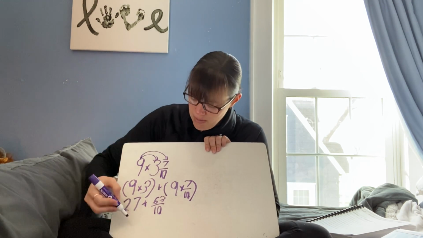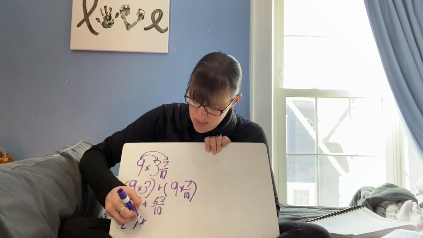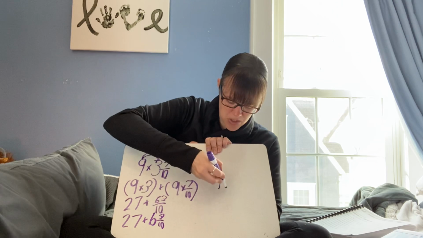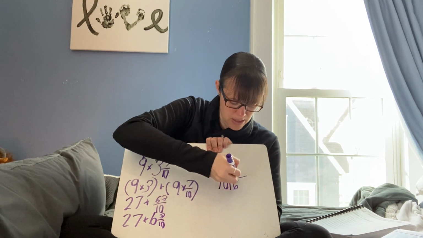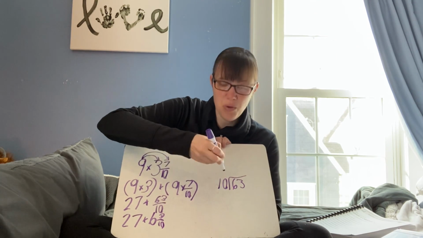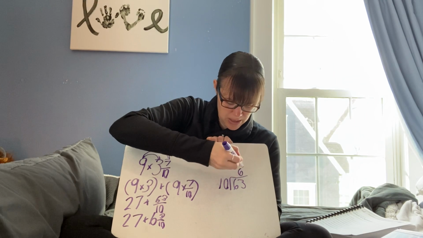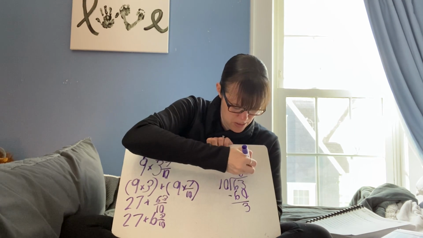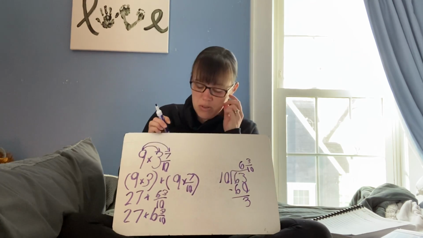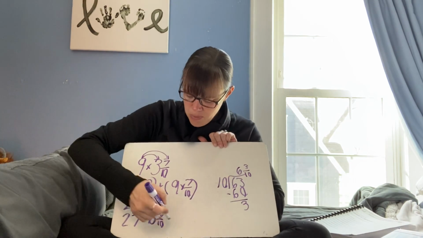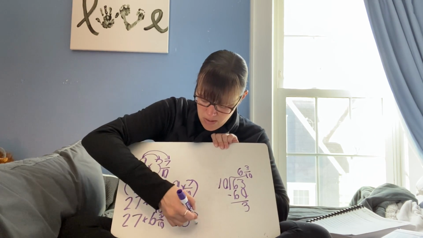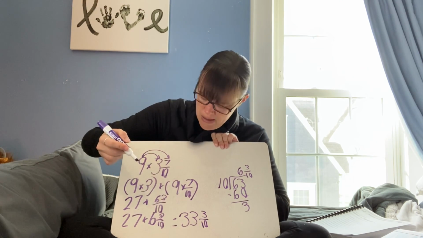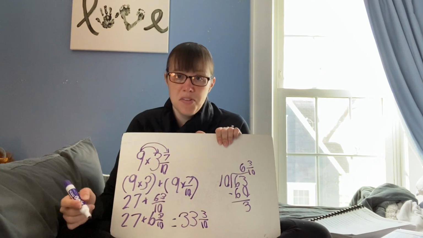And then I have 3 left over. So it's 27 plus 6 and 3 tenths. Do you see how I did that? You can also, of course, go off to the side and say how many times does 10 go into 63. But if you count by tens, you'll get 6 times. And I was able to do it mentally, which is nice. So 27 plus 6 would be 33 and 3 tenths. Right? 33. So there you go.